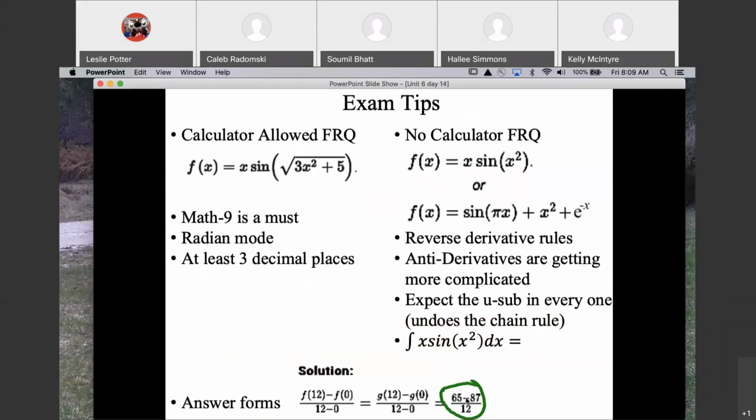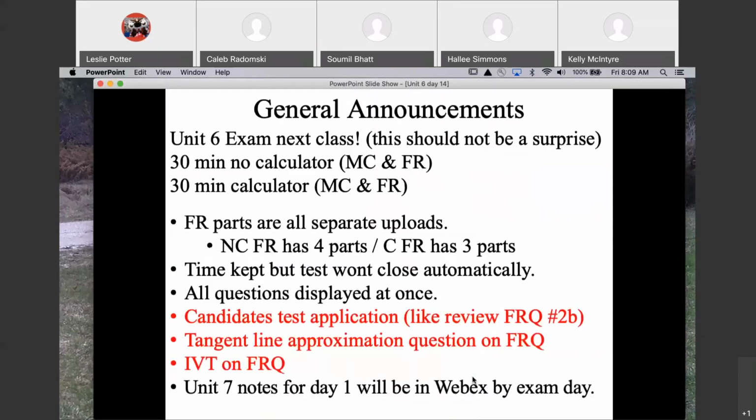Don't bother simplifying it. Obviously, if it's multiple choice, you have to get it to a point where you recognize the answer. But if it's a free response, just plug in the upper and lower bound and leave it. It's up to the grader to simplify it. That's the way we grade them in June when we grade the AP exams.